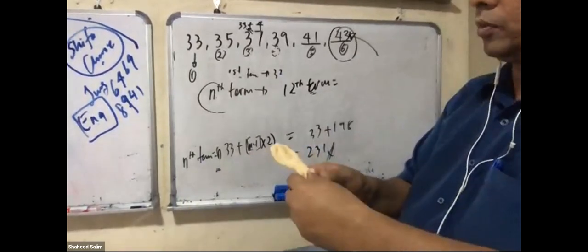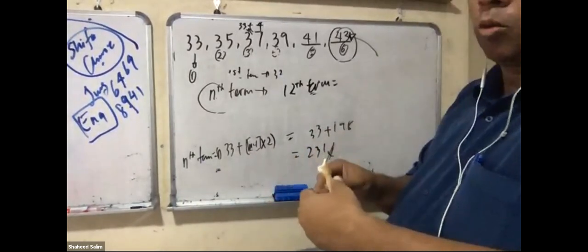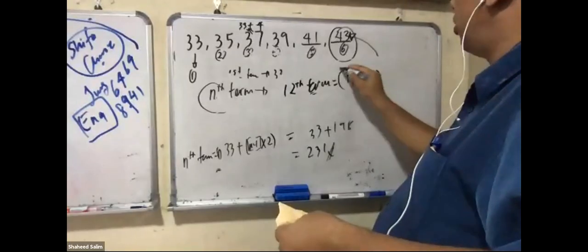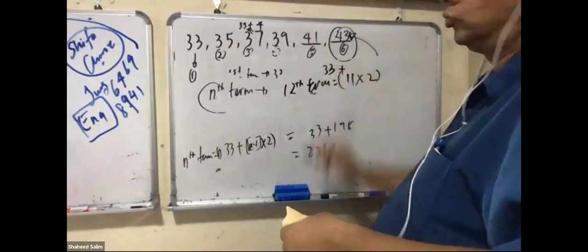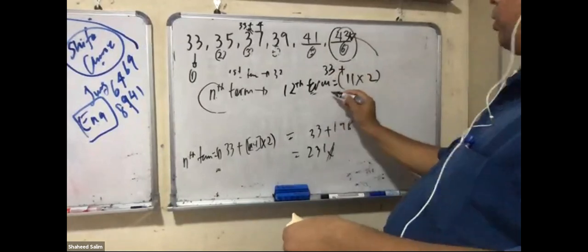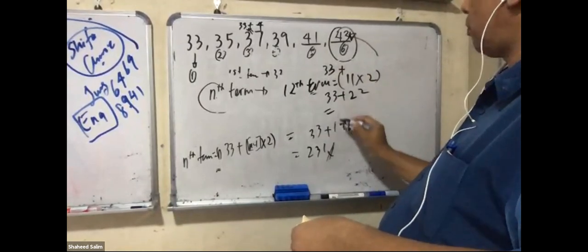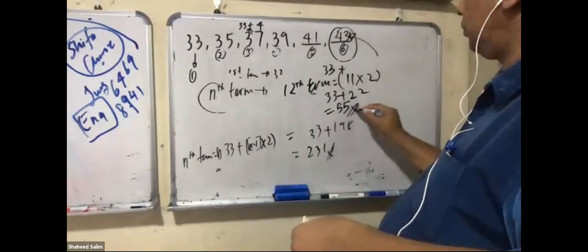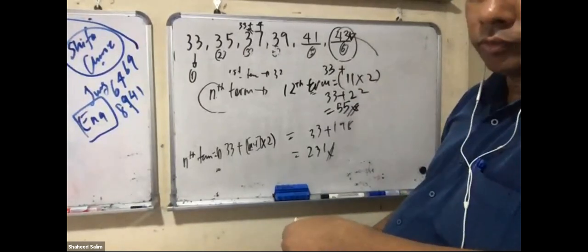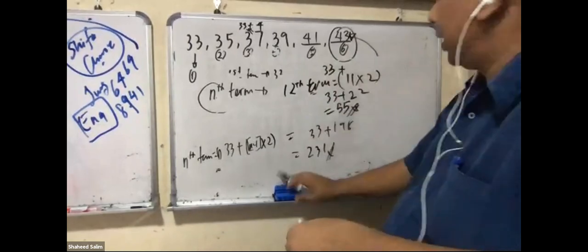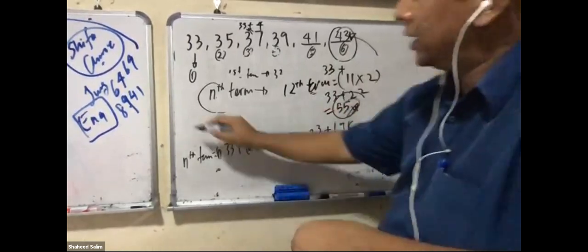That's what we did now. 11 times 2, plus 33. So 33 plus 11 times 2, 22. This is 55. Correct. If you don't believe, we can try it here. Remember the answer is 55.